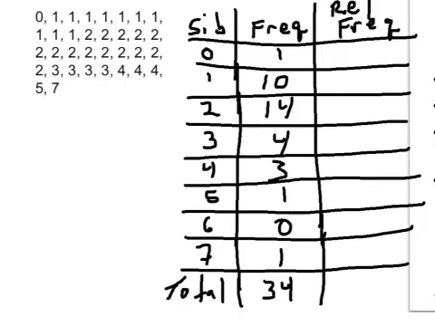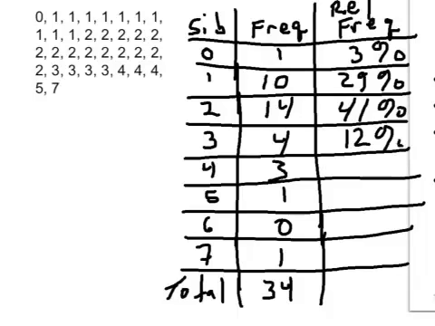The relative frequency, again, we take 1 divided by 34, so when we do that, we get 3%. 10 divided by 34, we get 29%. 14 divided by 34, I get 41%. 4 divided by 34, I get 12%. 3 divided by 34, we get 9%. 1 divided by 34, we get 3%, which we had up here at the top.